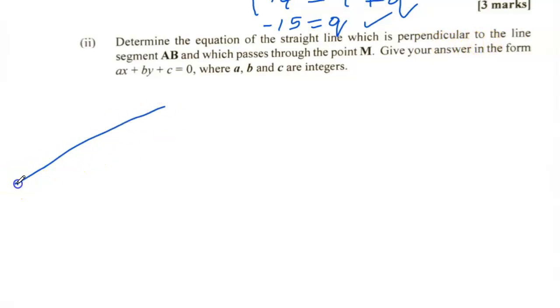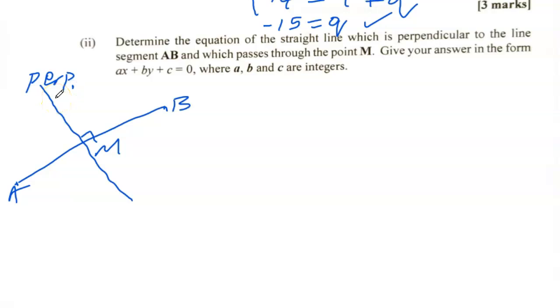We have a line AB, and we found the midpoint M. So determine a line which is perpendicular to AB, meaning this line meets AB at 90 degrees, and passes through M. Give your answer in the form ax plus by plus c equals 0, where a, b, and c are integers. So we want the equation of the perpendicular line.